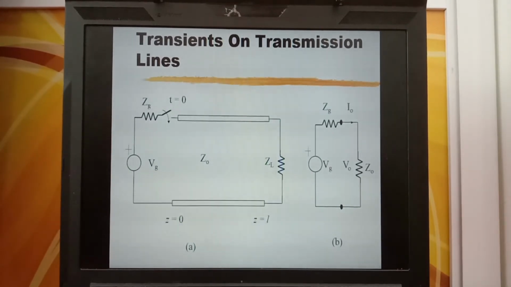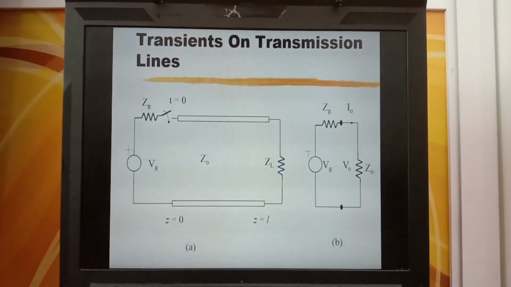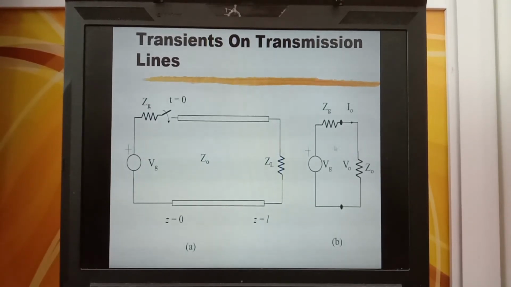So in this condition, we can calculate the voltage at time t equals 0, V0, and also the current I0 at time t equals 0 by using circuit theory.